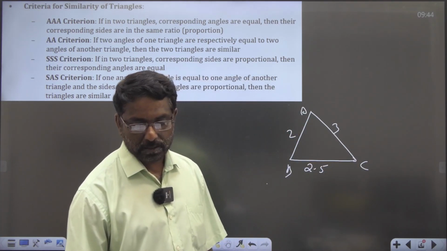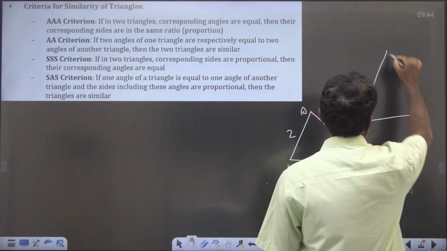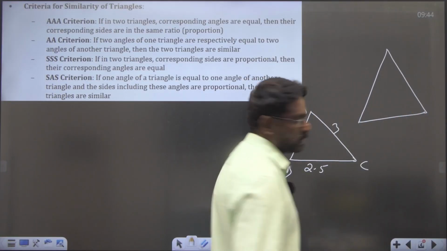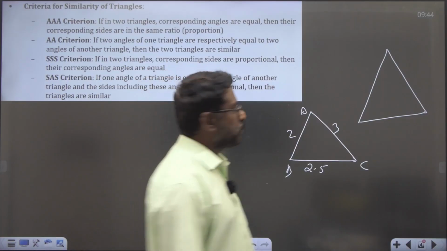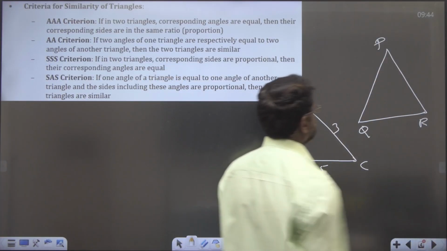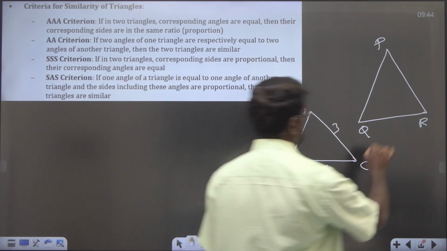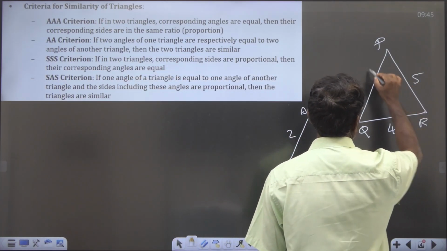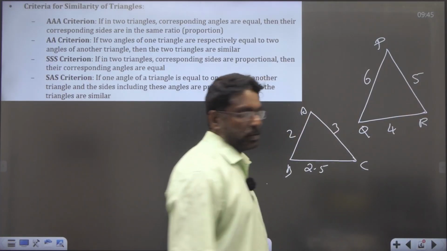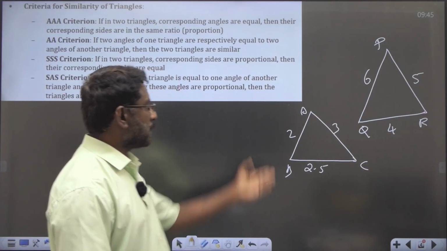Also given is another triangle like this, PQR. This is P, this is Q, and this is R, with sides 4, 5, 6.